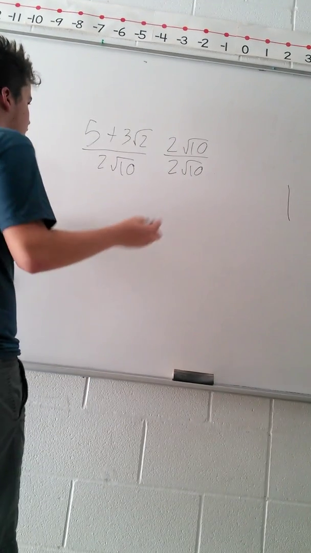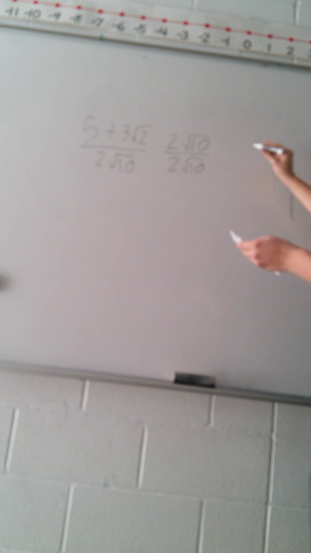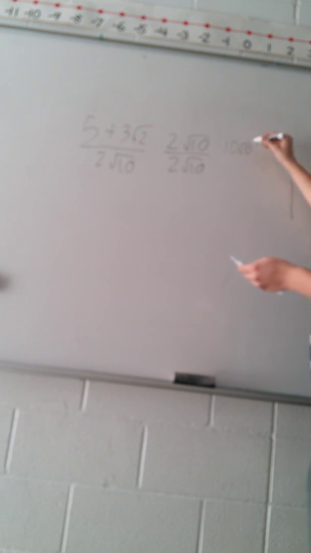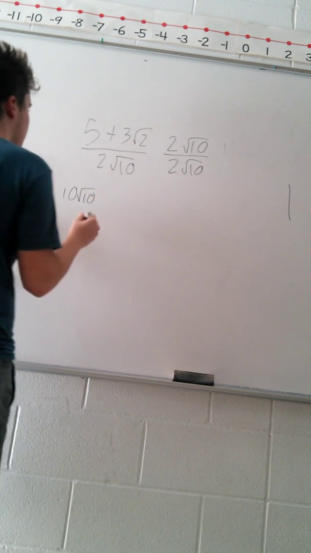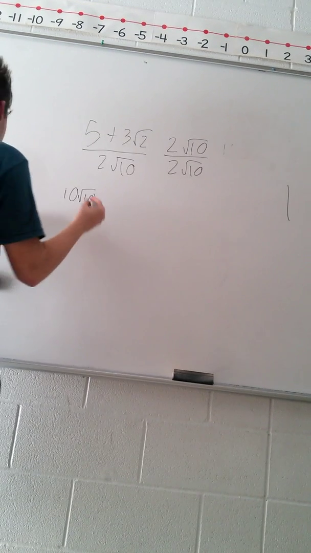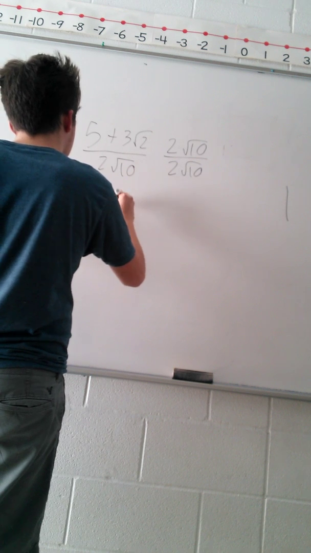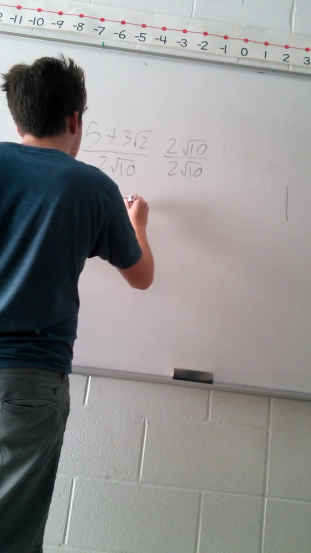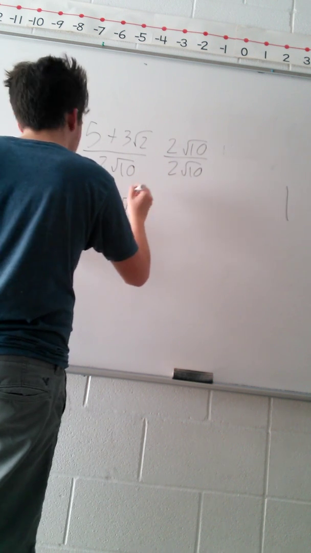So then 5 times 2 radical 10 would be 10 radical 10, plus 3 radical 2 times 2 radical 10 would be 6 radical 20.